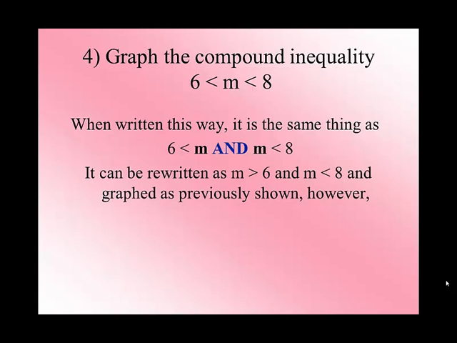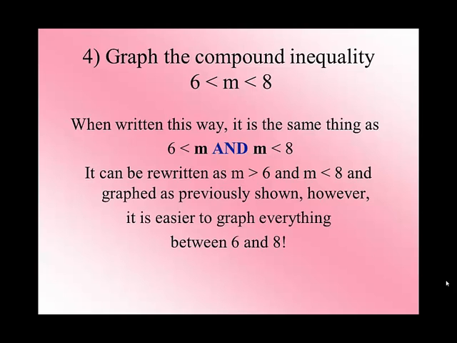We can then reverse the inequality on the left so that we have m is greater than 6, since we seem to like having those variables in the front. And then we can graph that situation. It's everything between 6 and 8. Notice they're open circles because they are both less than when you look at the initial compound inequality up here. So it's open circles, and we graph everything between 6 and 8. So we can read this as m is between 6 and 8.